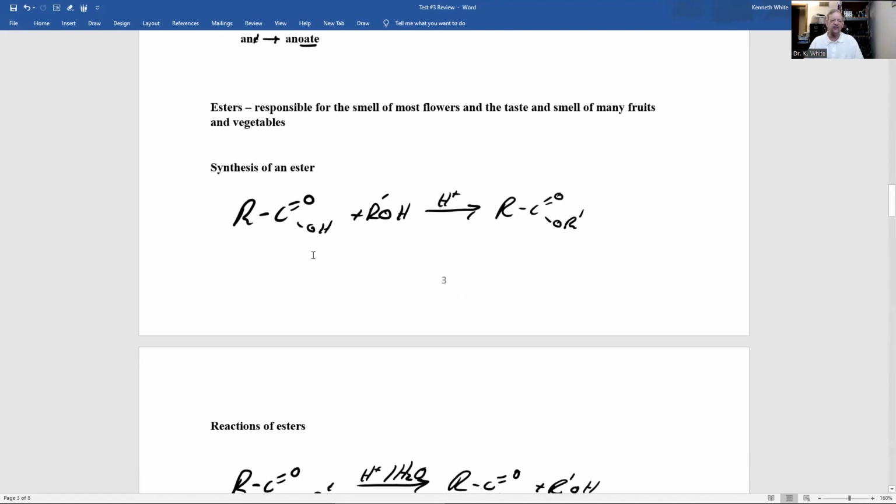How do you make an ester? And that would be the synthesis. You take a carboxylic acid, react it with an alcohol, acid catalyst, H+, and you make an ester.